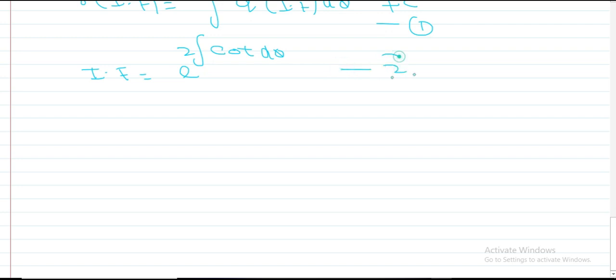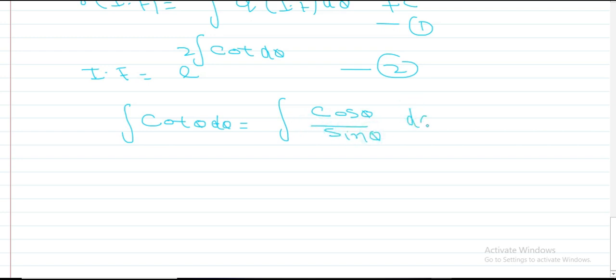And this is equation second. Now we will find the integral of cot theta. Integral of cot theta d theta equals integral of cos theta divided by sine theta d theta. Let's put sine theta equal to t.